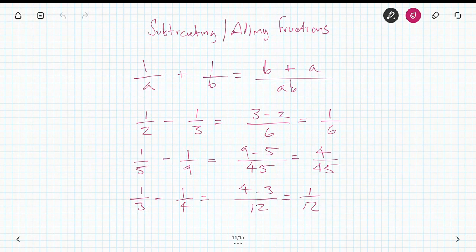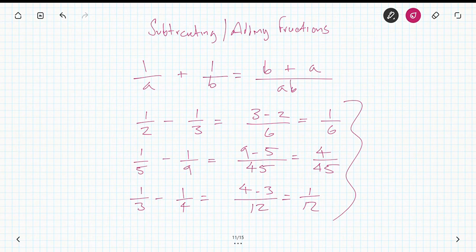Similarly, if you have 1 over 5 minus 1 over 9, you can just do 9 minus 5 over 45, okay? And 1 over 3 minus 1 over 4, 4 minus 3 over 12, you get 1 over 12. So make sure you check these results and compare them back, and they're going to be exactly the same as the other method, okay?